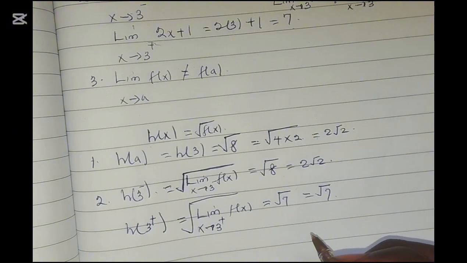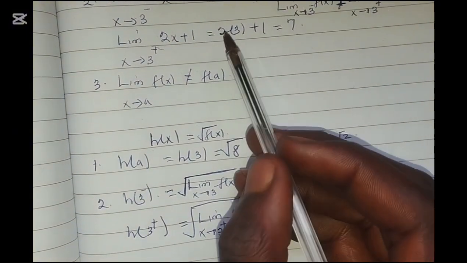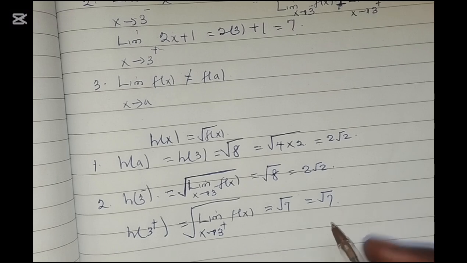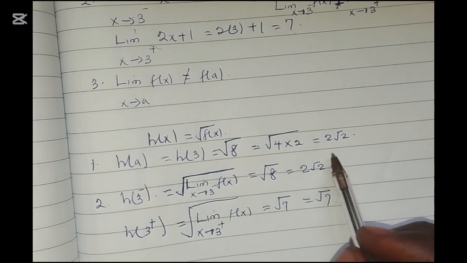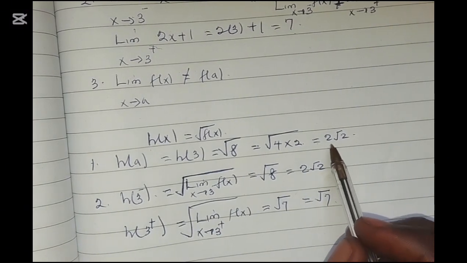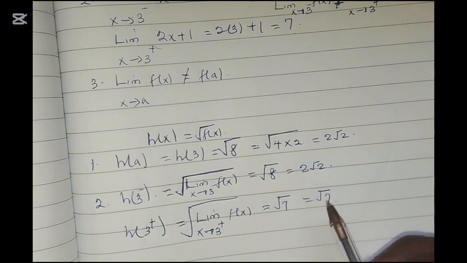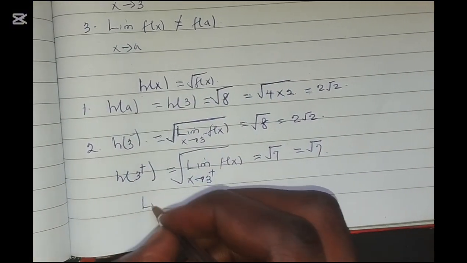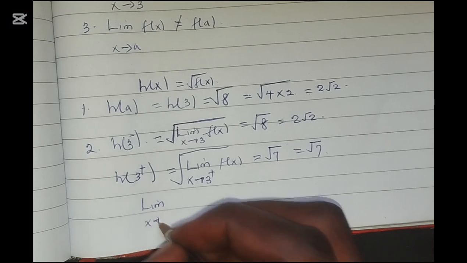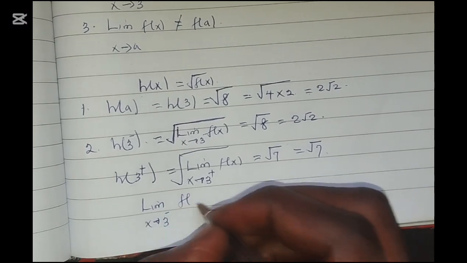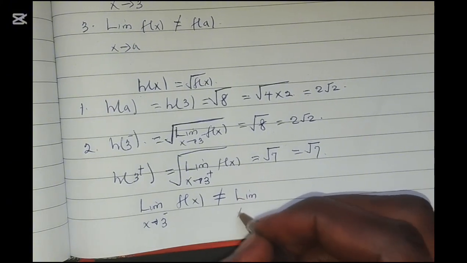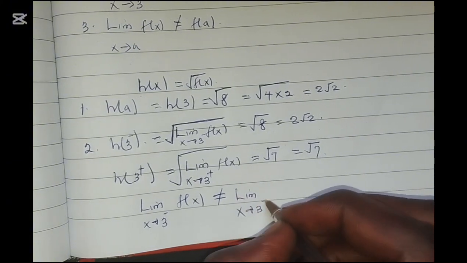If you check now, you see that f of x fails to be continuous. H of x too will fail because, as you can see, h of a is defined but the limits do not match. So the limit as x approaches 3 from the left does not match the limit as x approaches 3 from the right.